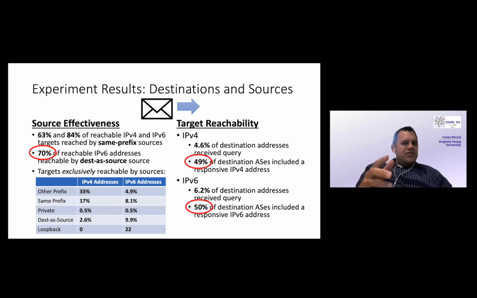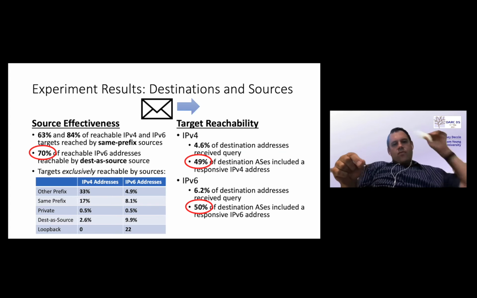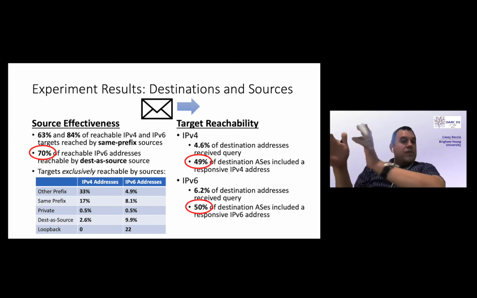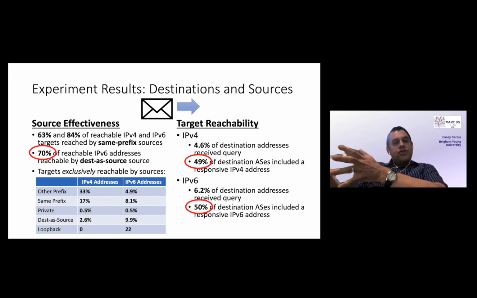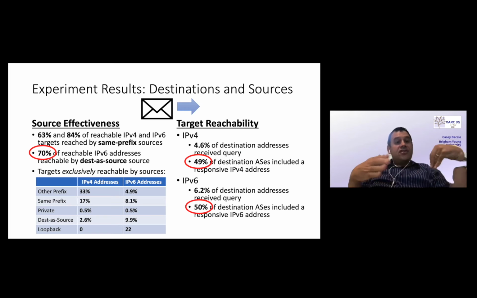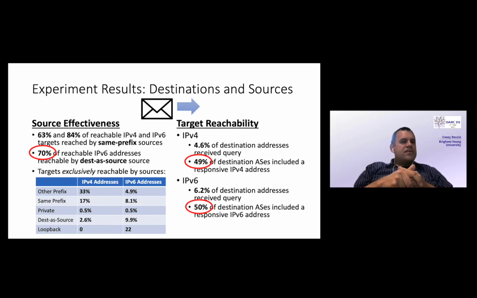One that stood out was that of all the IPv6 addresses that we reached, 70% were reachable by that destination-as-source category, where we had the same source address as the destination address, which was really surprising. But you'll see why that was a little later in the presentation.